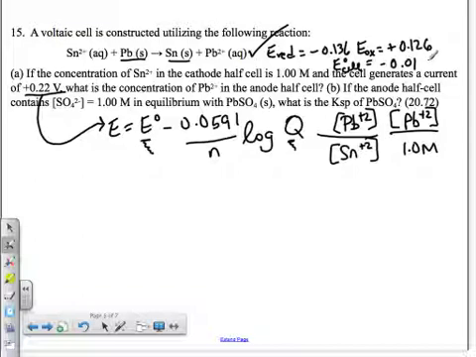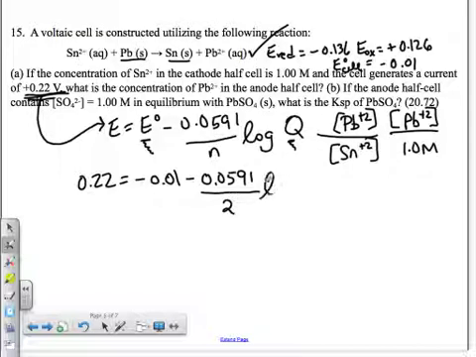That's okay. We're going to plug it in anyway. The E that we're given for this, when we're not under standard conditions, is positive. So 0.22 is equal to negative 0.01 minus 0.0591. What is our n here? 2 electrons for this, 2 electrons for that, so it's 2, times the log of Pb+2, essentially over 1.